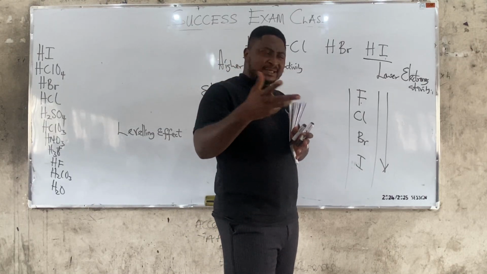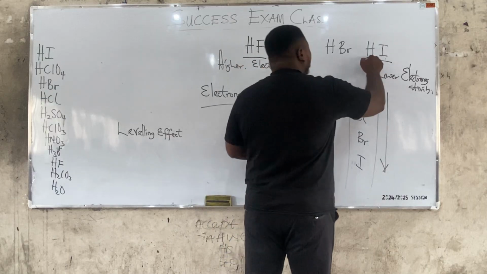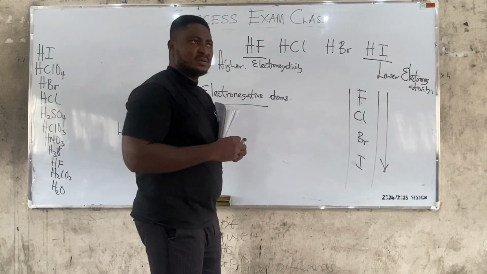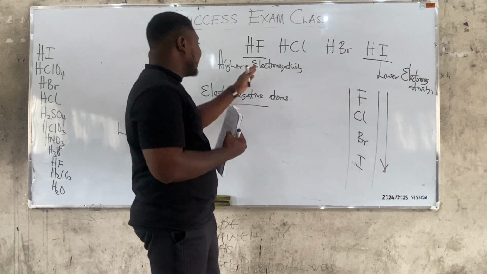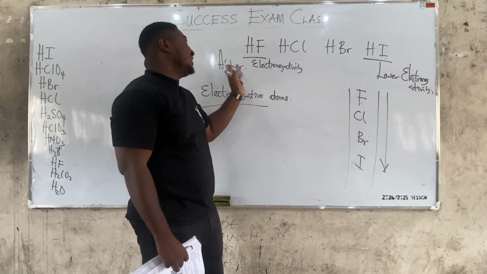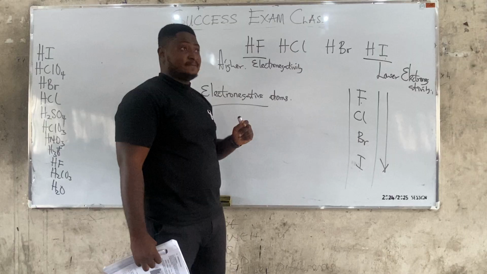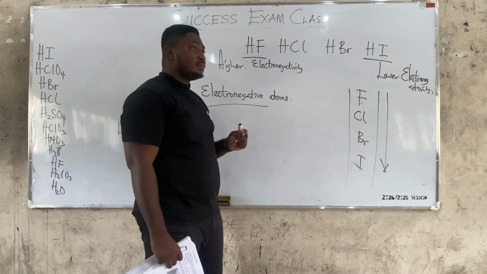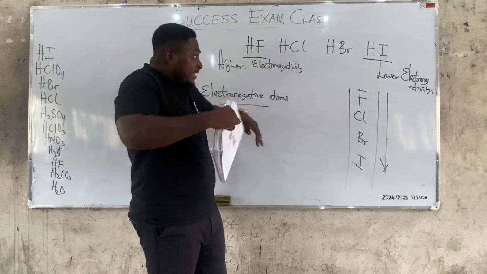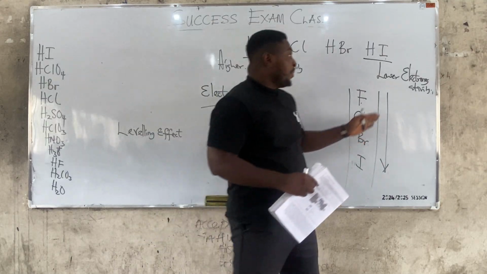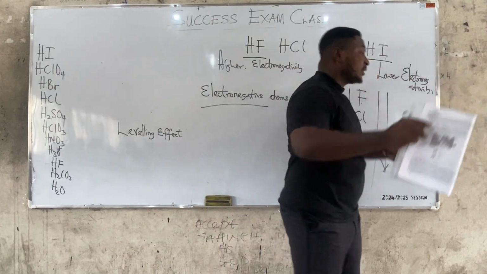And you understand why, right? Because iodine will easily release hydrogen compared to fluorine. The higher the electronegativity, the more difficult it is for the hydrogen atom to be released. Electronegative atoms want to keep, they don't want to let go, but those with lower electronegativity can easily let go.